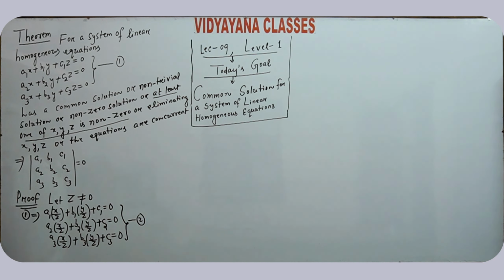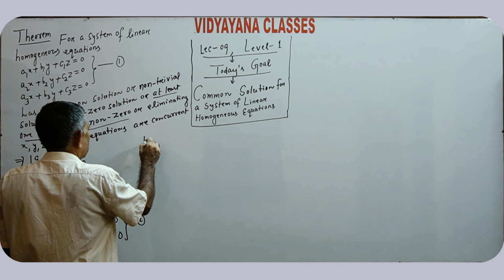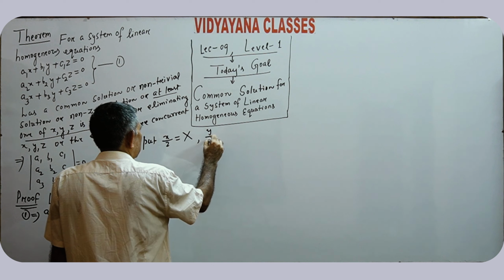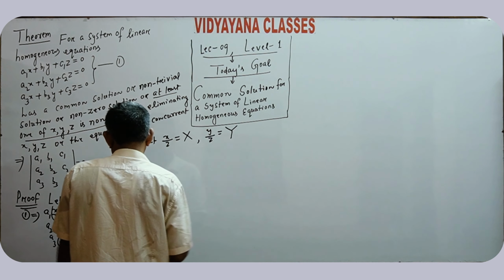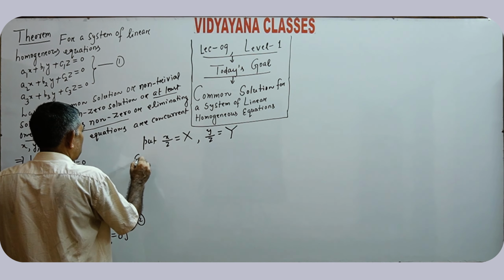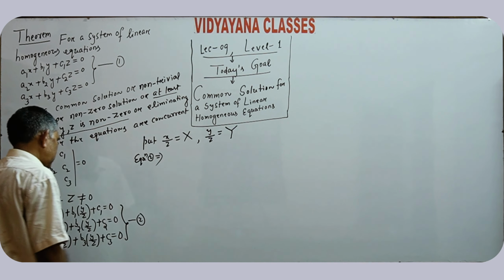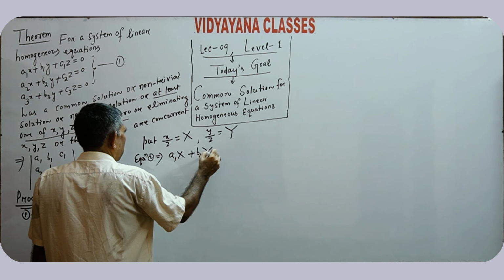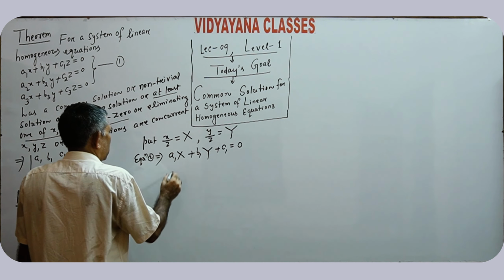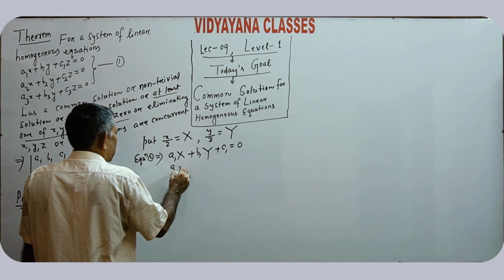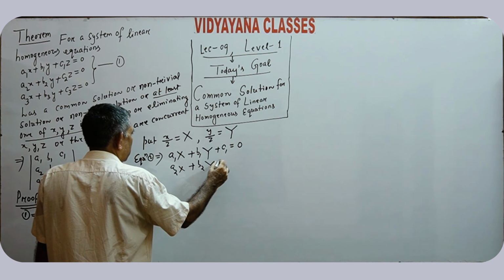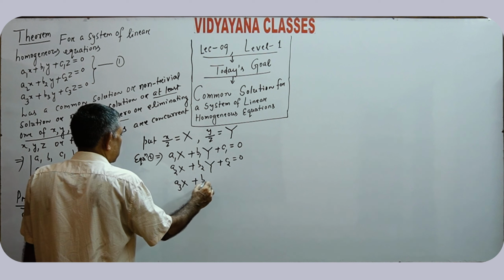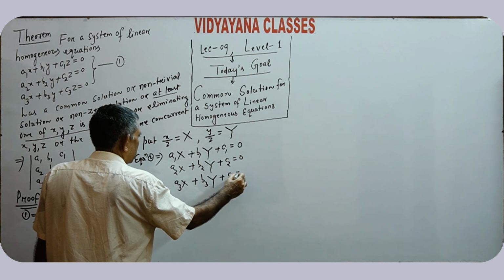Put x by z is equal to capital X, y by z is equal to capital Y. Equation 2 implies a1 capital X plus b1 capital Y plus c1 is equal to 0, a2 capital X plus b2 capital Y plus c2 is equal to 0, a3 capital X plus b3 capital Y plus c3 is equal to 0.